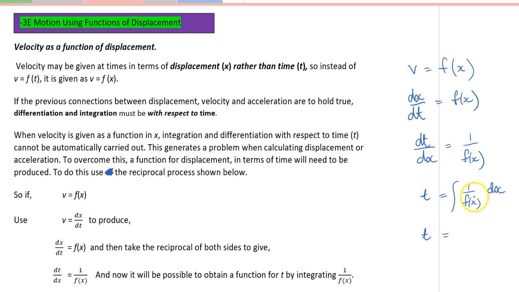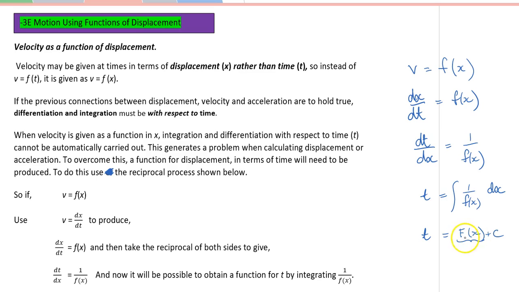We know this is going to have some more x's in it, and it'll have a constant, and it doesn't really matter what the constant is. But what we have achieved is an expression in terms of x.